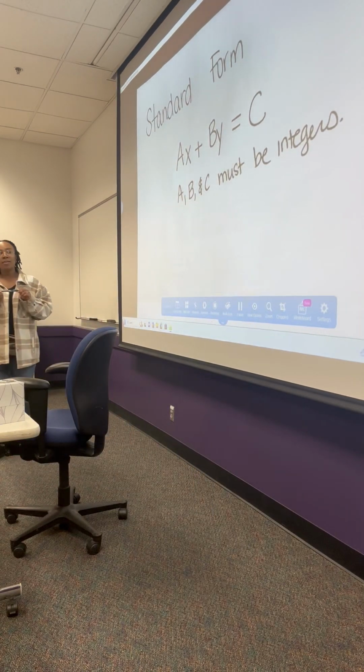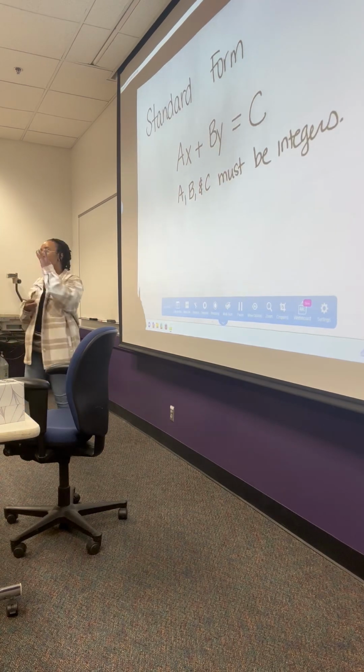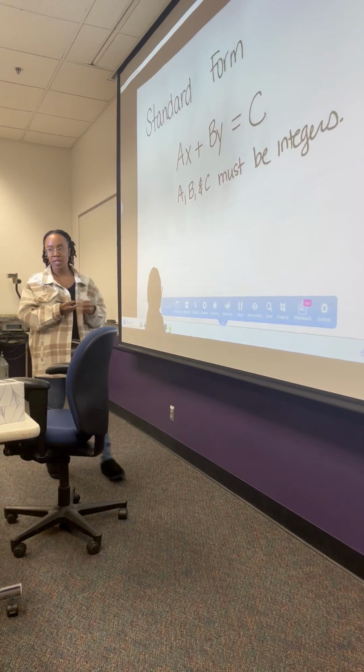On your whiteboard, once you write this down, I want you to show me 3 examples of an integer.